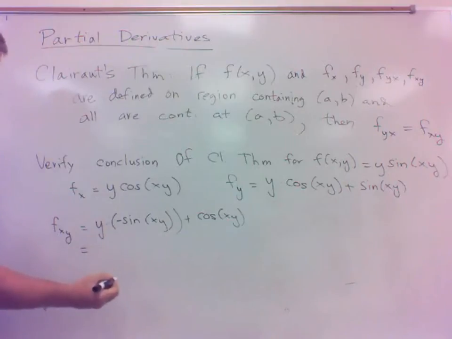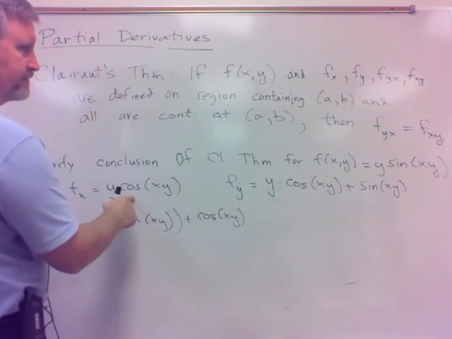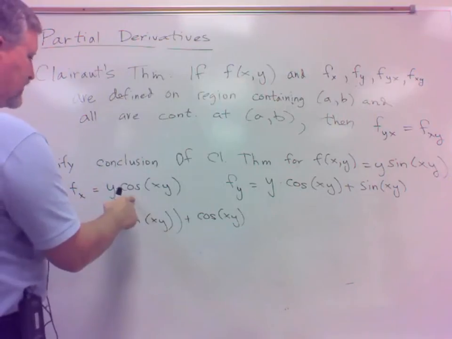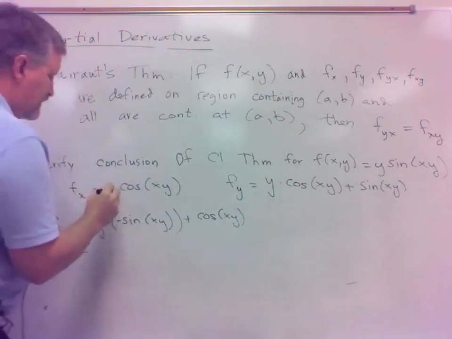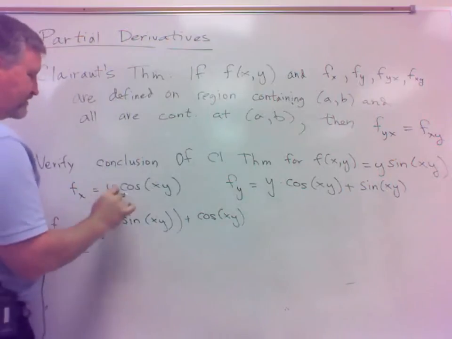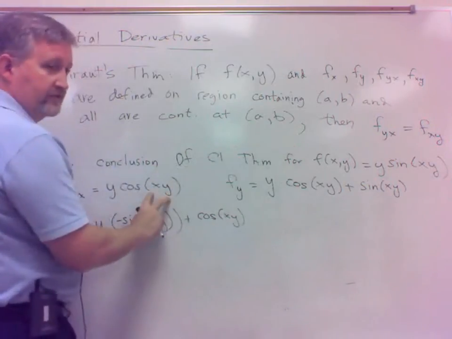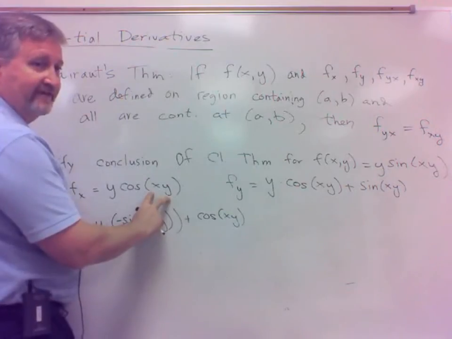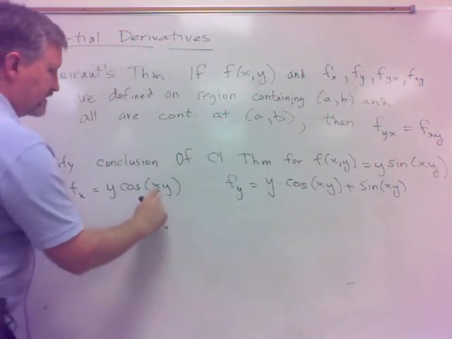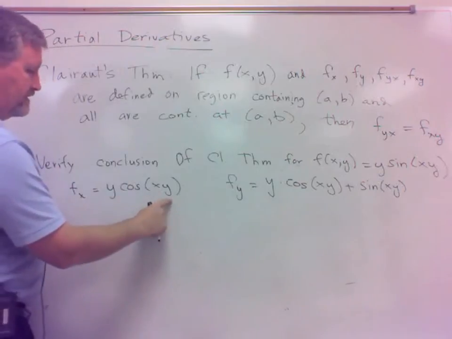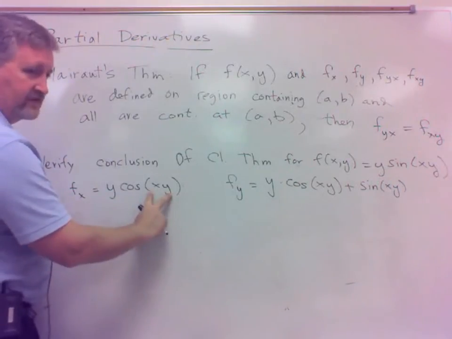Right? Oh, I forgot something here. Did I forget something here? Yeah, I forgot my chain rule. Back to this one. Partial with respect to x, it's y times the cosine of xy, but then I have to do the chain rule. So doing the partial with respect to x, I've got to do the derivative of the inside, so that would be y.